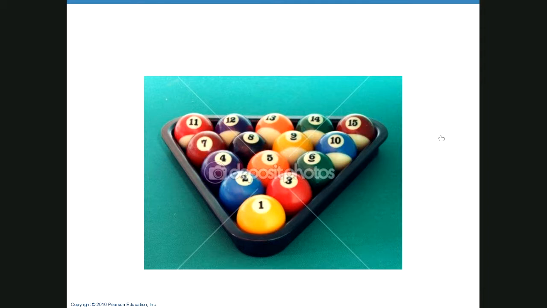And as you take this rack off, they start moving and they hit each other. As they hit each other, they bounce off. And so here we have high concentration, but as you move the rack, they'll spread out and then they'll be less concentrated. So they move from an area of high concentration to an area of low concentration.